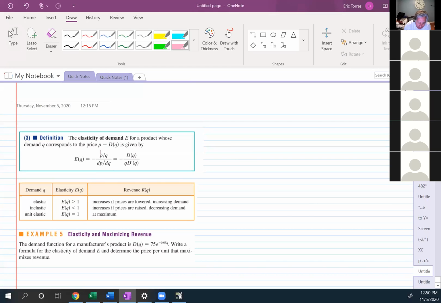Price on top, and this is the price as the demand function of quantity. So it's the same thing. Quantity is still on the bottom of my fraction.